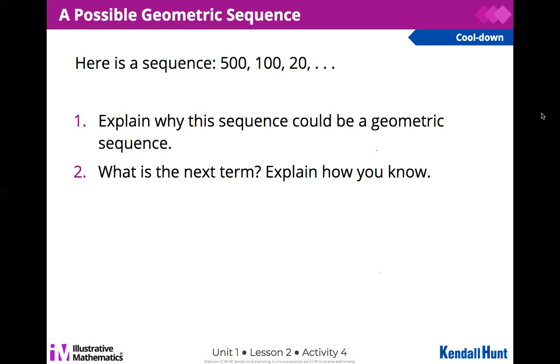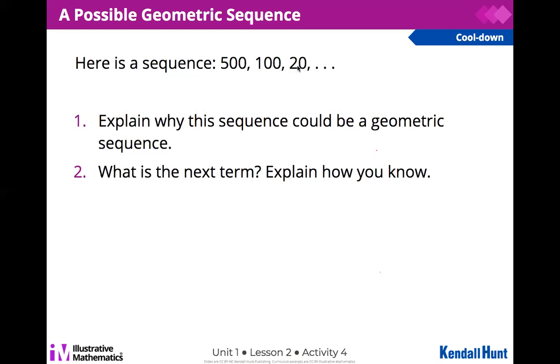All right, so taking a look at this sequence, it looks like it's obviously getting smaller, 500, 100, 20. If I'm looking for a growth factor, I like to think about the division first. I'm going to go with the smaller numbers and see if it works for the bigger numbers. I know that 100 divided by 5 would give me 20.